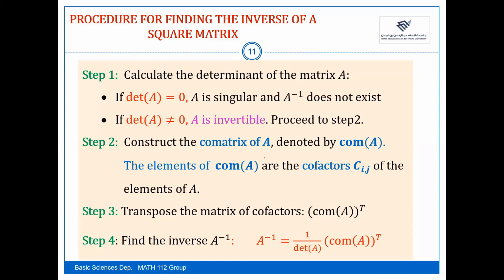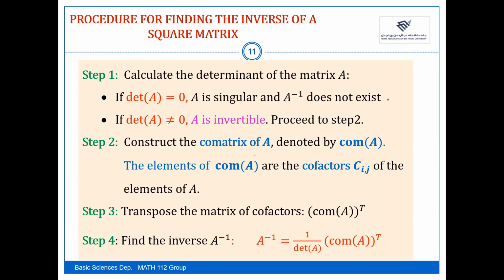So first step, كما شفنا في order 2 لازم نشوف determinant 0 or non-zero. إذا 0, the matrix is singular and the inverse does not exist, and we stop. If the determinant is not 0, the matrix is invertible, and we proceed to step 2.